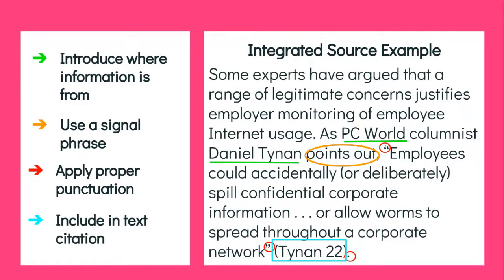An in-text citation is written in parentheses and includes the author's last name and the page number if there is one. The last name of the author you provide should also be found in your Works Cited page at the end of your essay. This allows your audience to have the needed information to access the full source if needed.